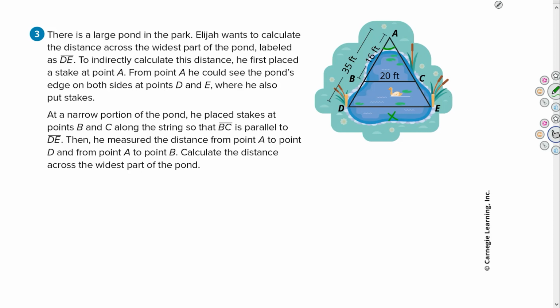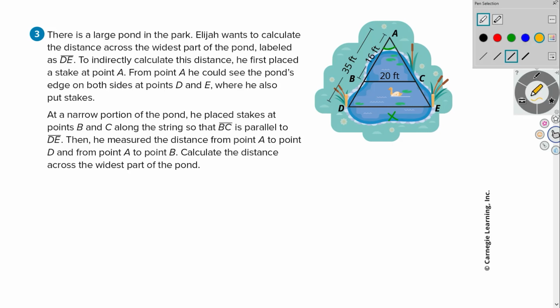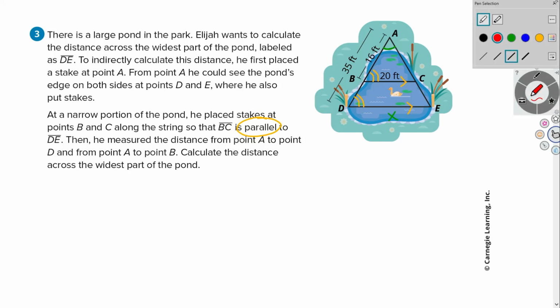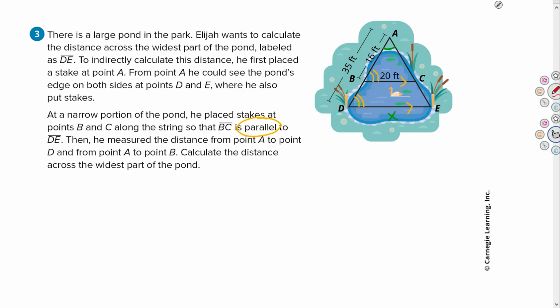I don't have another angle or another length until I remember that we have parallel lines, so that BC is parallel to DE, and if they're parallel, then I have corresponding angles right here and right here. Two arcs, so it's different. With the corresponding angles, they must be similar by the angle-angle similarity criteria. Again, we're using angle-angle exclusively in this lesson because you don't have enough lengths to use any lengths.